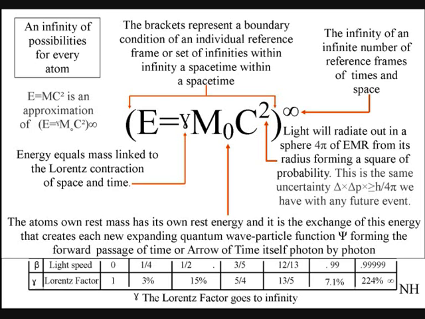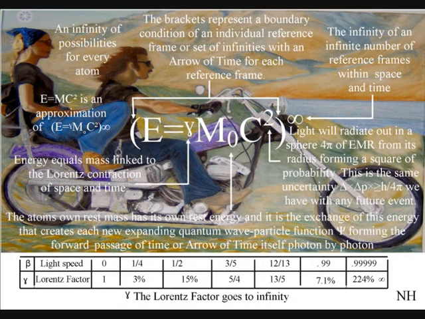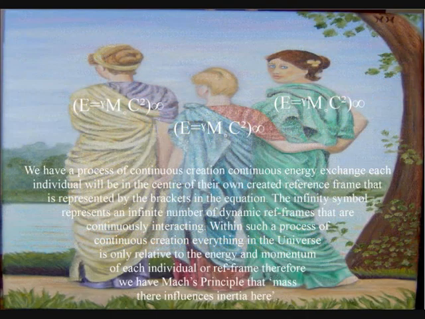The C2 is light radiating out in all directions, forming a sphere of probability. It is a probability wave of a potential future event, and during the act of measurement, the magnitude squared, or C2, gives a probability for different potential future outcomes. The brackets represent the dynamic boundary condition of the reference frame.